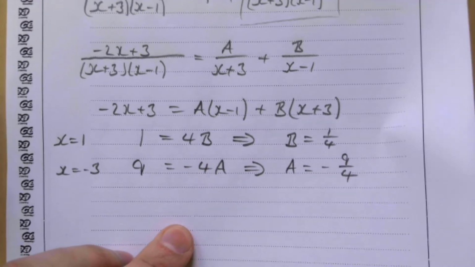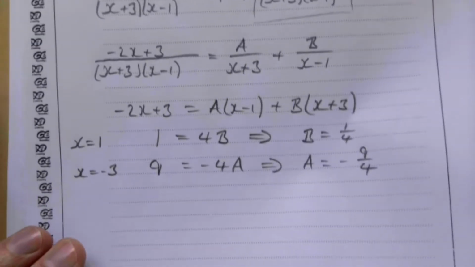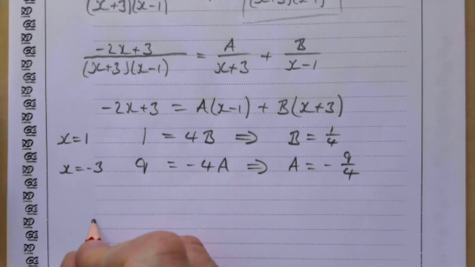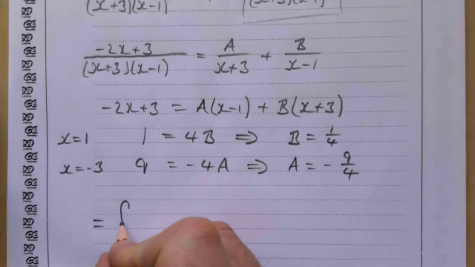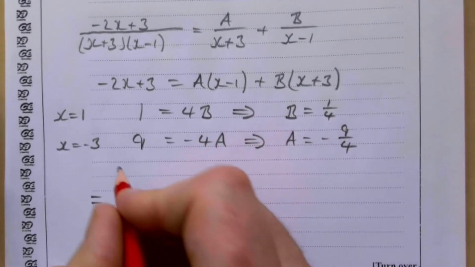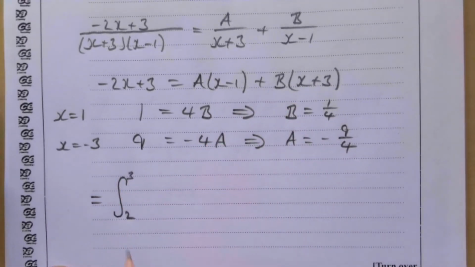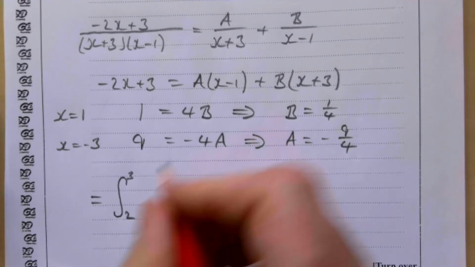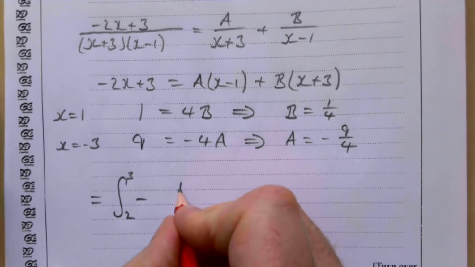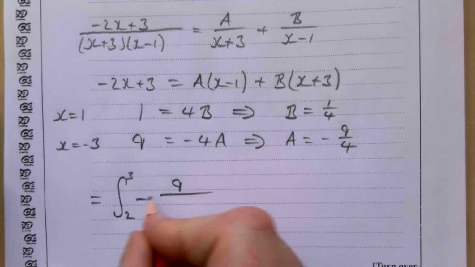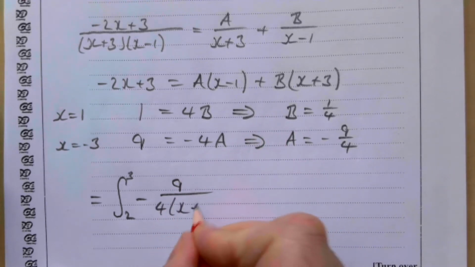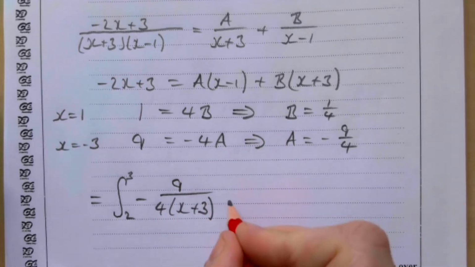So where are we? Let me just check if another page is working here. Yeah, plenty of space, so we're okay. That means our original question can now become, don't forget the 1, obviously, the integral in between 3 over 2, our a is minus 9 over 4, so I'm going to bring the minus out the front, and then 9 upon 4 times x plus 3.